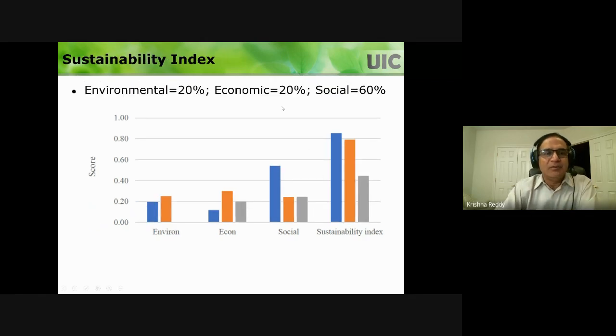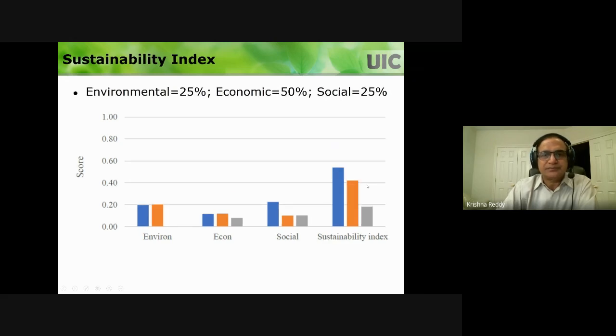Now, how much importance you want to give to environmental, economic, social, right? This could change the results. So you can apply these weightages. Even if I take 60% social, what people prefer, the trends are still the same. The sustainability index values are different, but alternative one is better, the second choice is this, and the third choice is that.